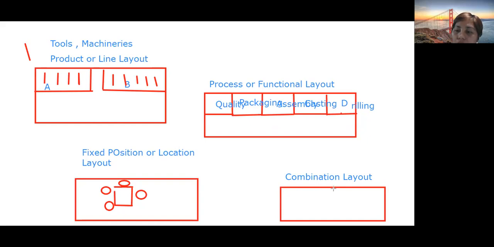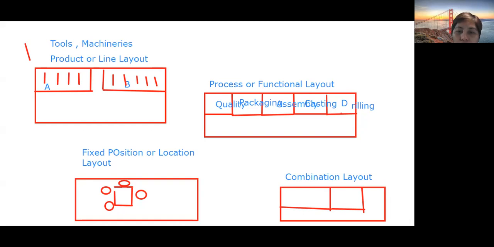For example, upon entering the shop, you will observe that one room is practicing the product or line layout. Then another corner is applying this process or functional layout. That's it. It's a combination layout.